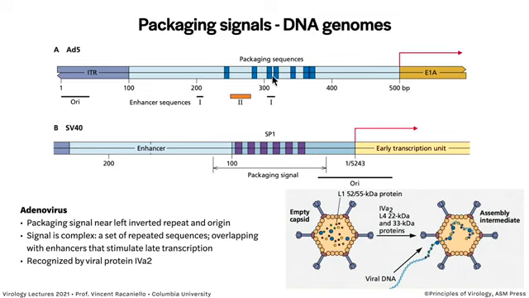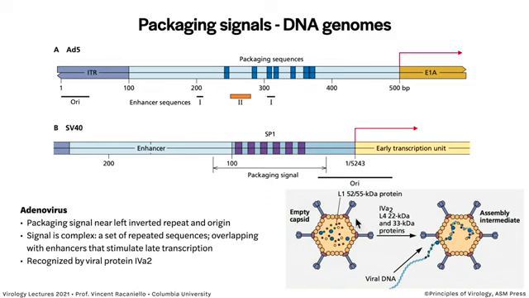So this packaging sequence enables just adenovirus DNA to get into the capsid because the packaging sequences are not present on cellular DNA. They are unique to the virus, and so only viral DNA gets incorporated. How does it work? Well, these sequences are recognized by a viral protein called 4A2.